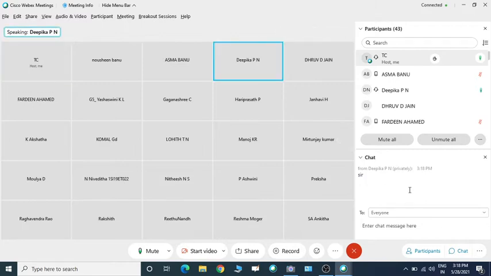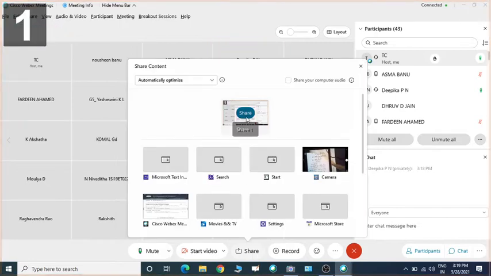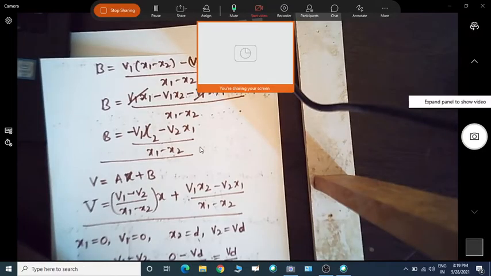Sir, b is equal to minus v1 x2 plus v2 x1, right, sir? What? Minus? Minus v1 x2 plus v2 x1 divided by x1 minus x2. Yeah, I had not noticed the minus.